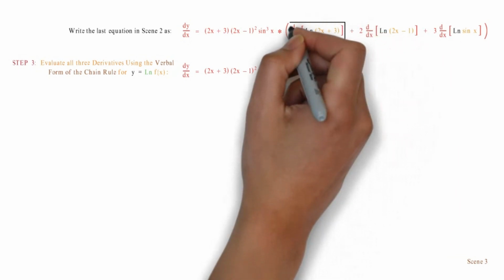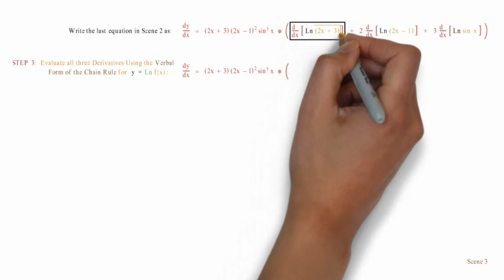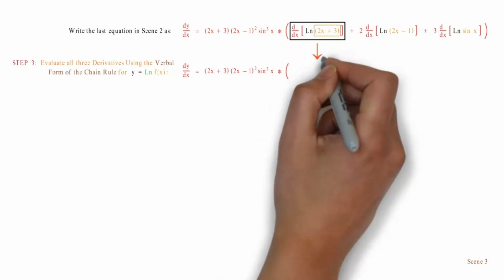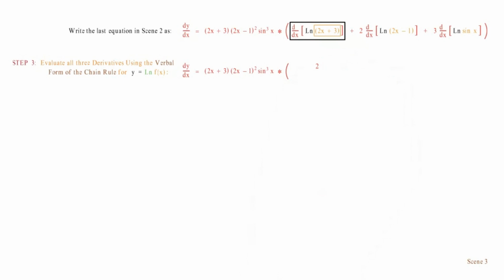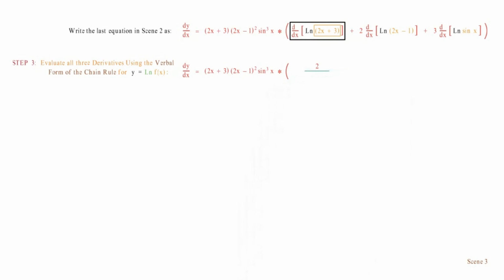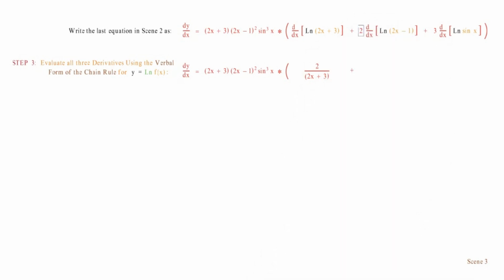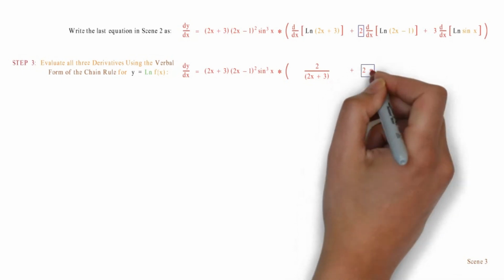This derivative equals the derivative of the argument of ln, which is the derivative of 2x plus 3, which is 2, divided by the argument of ln, as before, 2x plus 3. Plus is plus. Bring 2 down as 2 times.